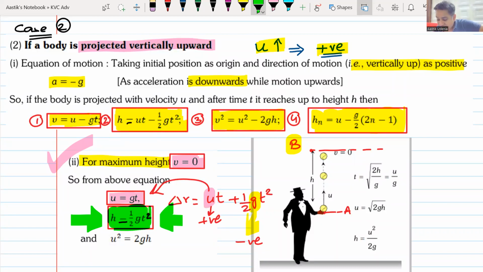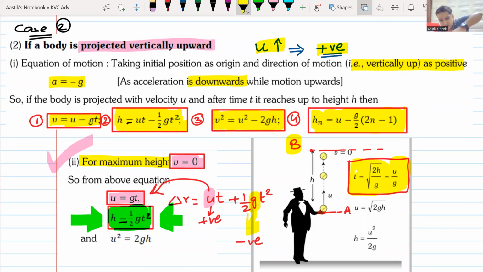The other way of understanding this is, look at this time. This is the time that this body takes to go up. The same is the time it takes to come down.